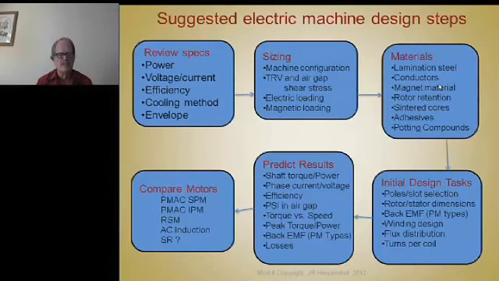But once those things are known and a clear understanding is in hand, then the most important thing, I should have capitalized this one, is to size the machine. The sizing is somewhat related to the type of machine, but the principles of sizing are the same. We're going to go into great detail, and we have a whole lecture dedicated to sizing.